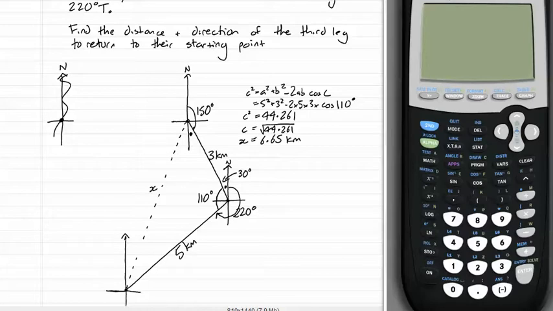So I can put x equals 6.65, because now of course what I need is their bearing.